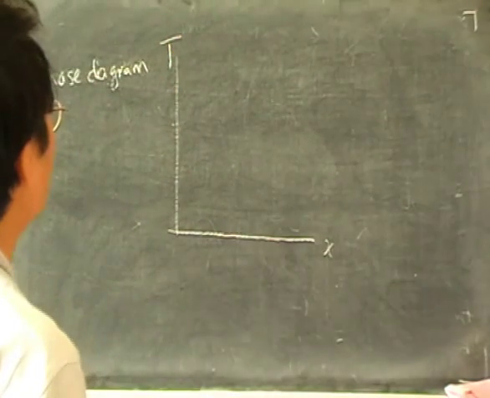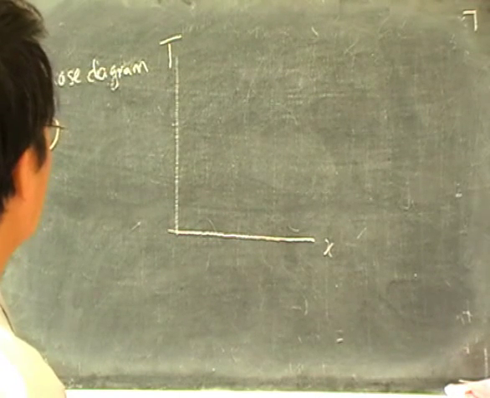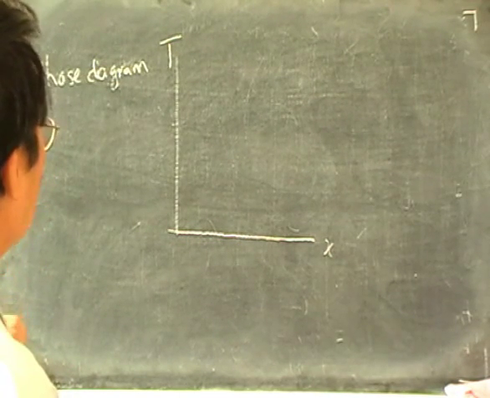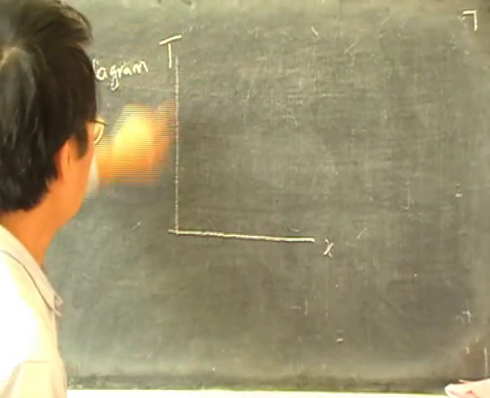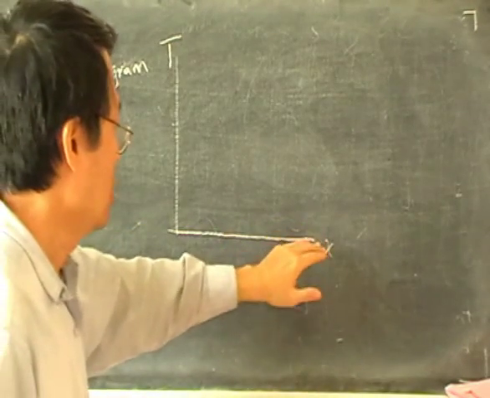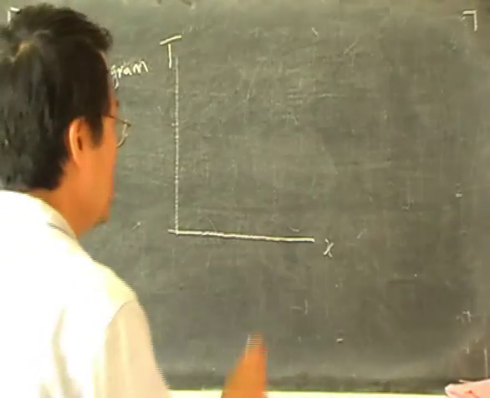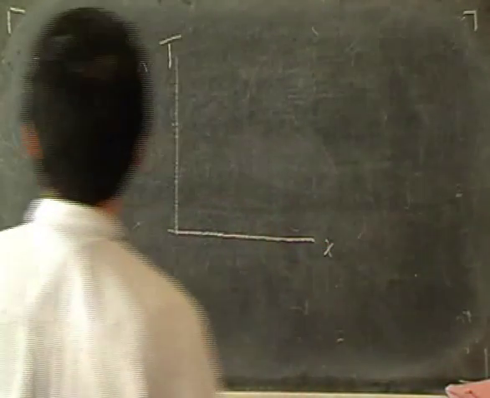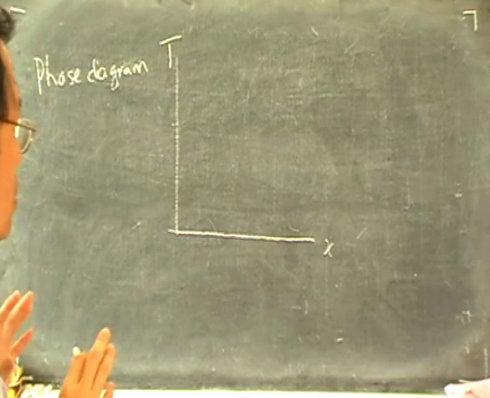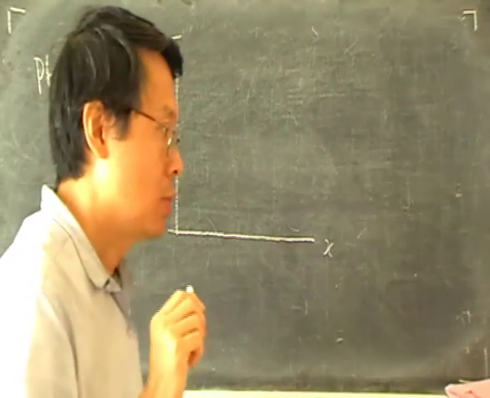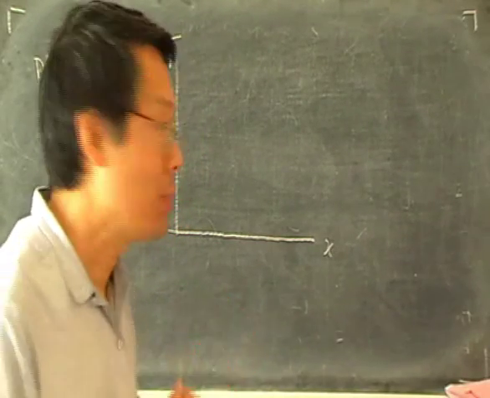Now, in this phase diagram, we think of it as a graph with temperature on the vertical axis and the concentration on the horizontal axis. The concentration here refers to the fraction of helium-3 atoms in a mixture.